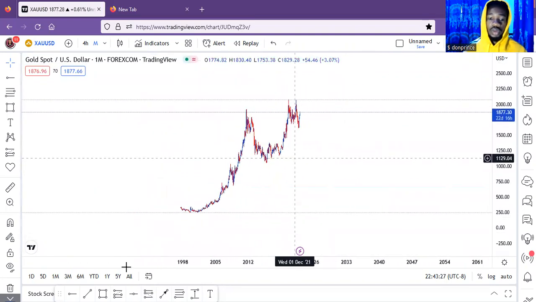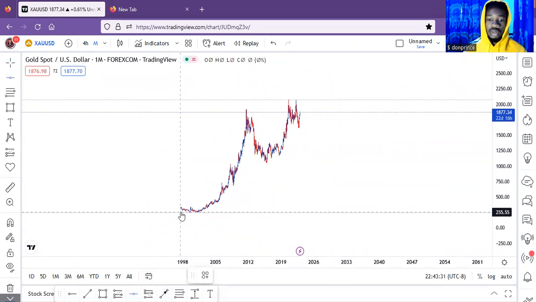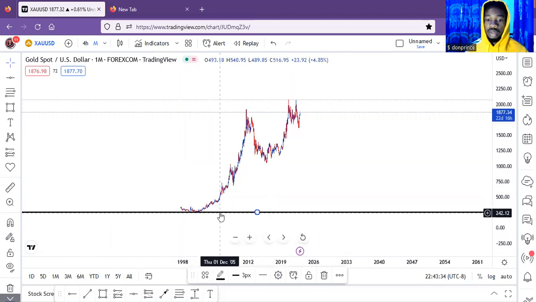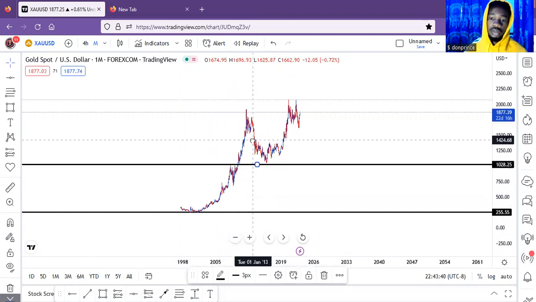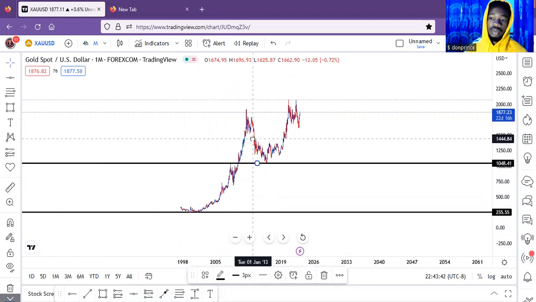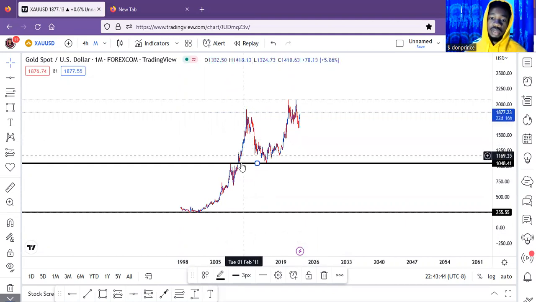So for gold, the lowest price touch of gold is around $200, right? Then another place is around 1050, right?